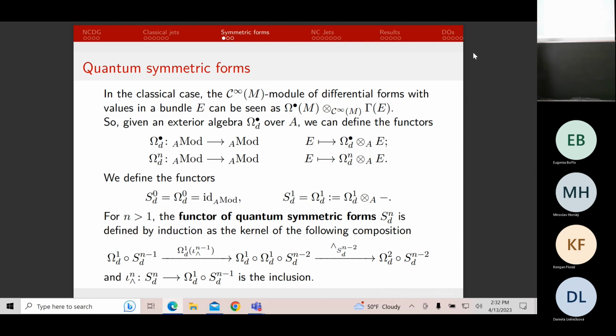Well, it's just the one induced by the wedge. The wedge that in degree 0 corresponds to the multiplication by A. So in degree 0, the algebra with the wedge coincides with the algebra structure of A. So if you have a form ω, which by the surjectivity hypothesis you can write as a_0 da_1 ... da_n, then you can do ω wedge a, and this just corresponds to the multiplication.